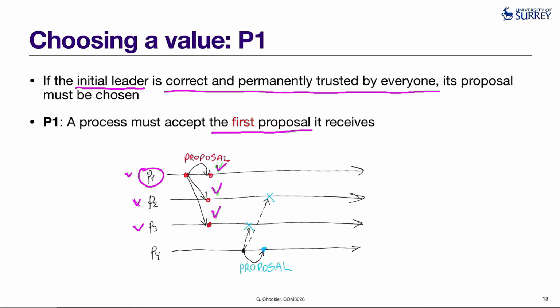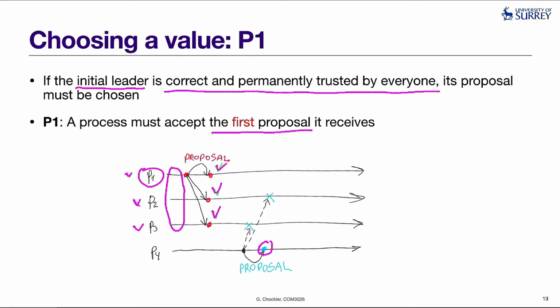Okay, and now we have a value chosen because there is a quorum accepting a value. Okay, so now notice that process P4 does not see the proposal of the leader P1, it sees the proposal of leader P4 first. Okay, and it will, of course, according to P1, make P4 accept its own proposal here.